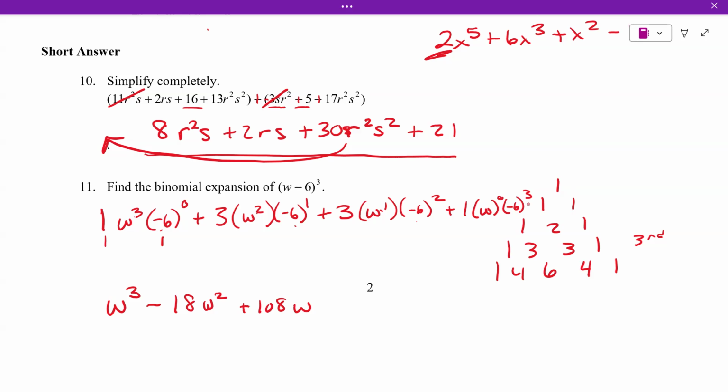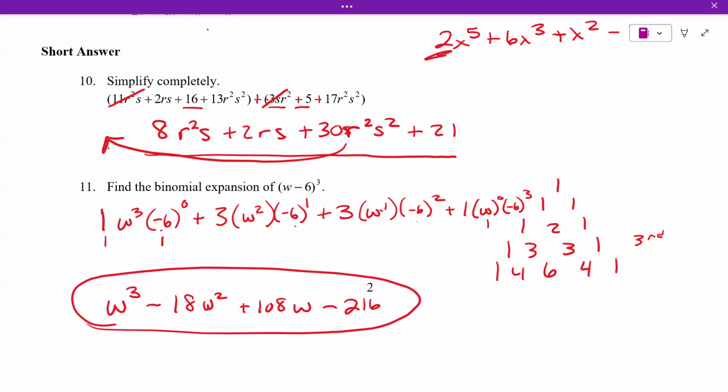Negative 6 to the third, 6 times 6 is 36 times another 6. 36 times 6 is 216. So it's minus 216. W is to the 0 power, so that's 1. There's no w anymore. So 1 times negative 216 is negative 216. This is our answer.